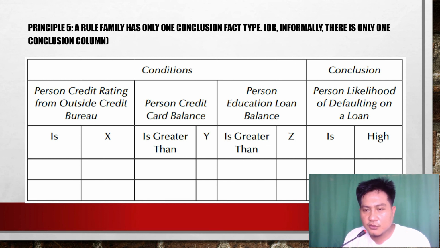So this conclusion now ties together the three conditions. That is the gist of what principle number 7 talks about. So this conclusion should not be left empty.